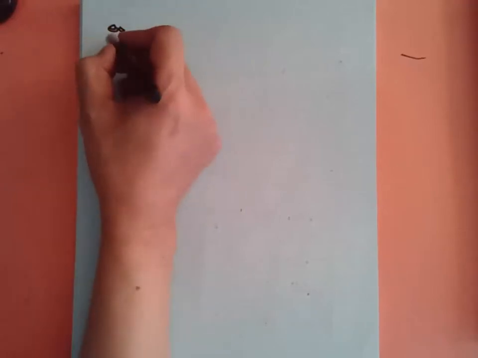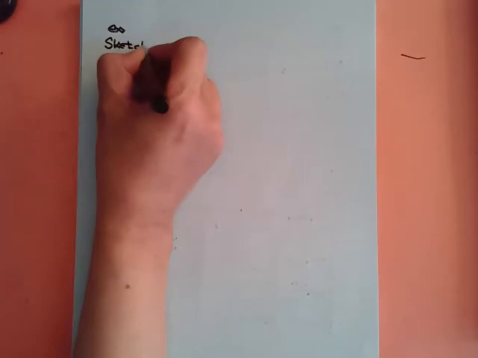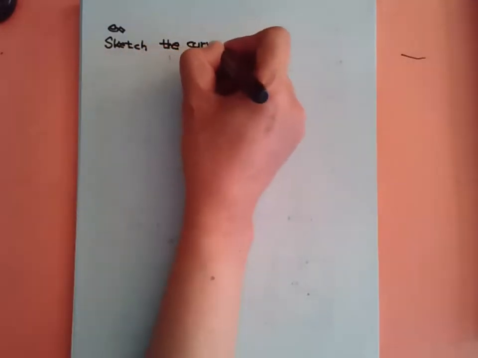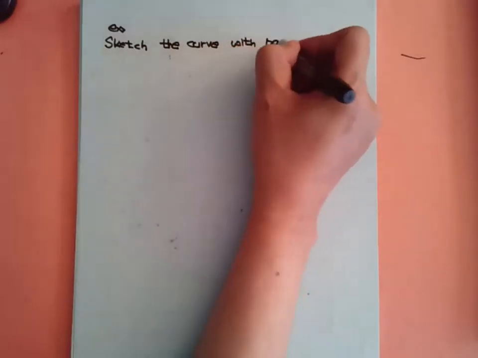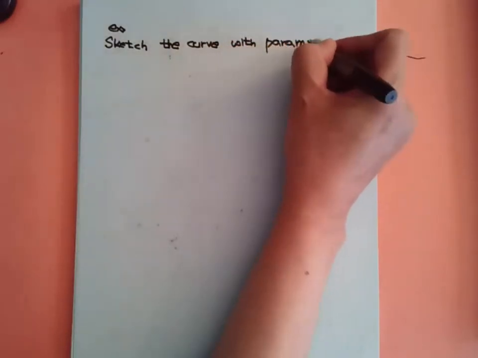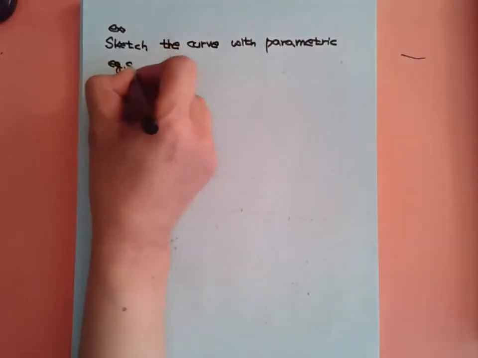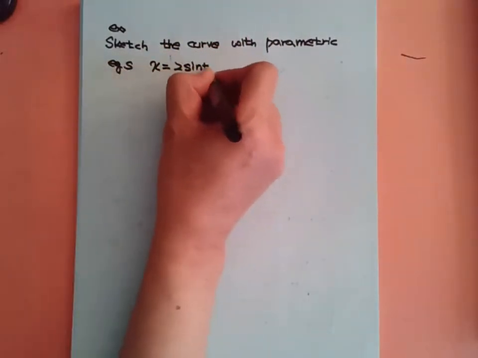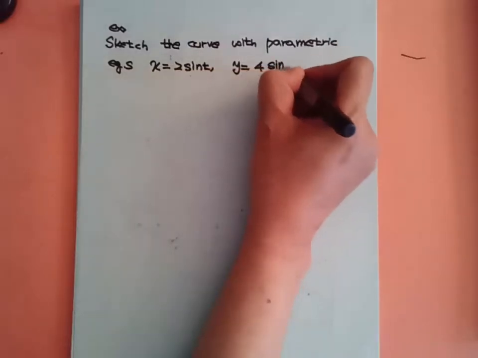The next question is about sketching the curve with parametric equations: x equals 2 sine of t and y equals 4 sine squared of t.